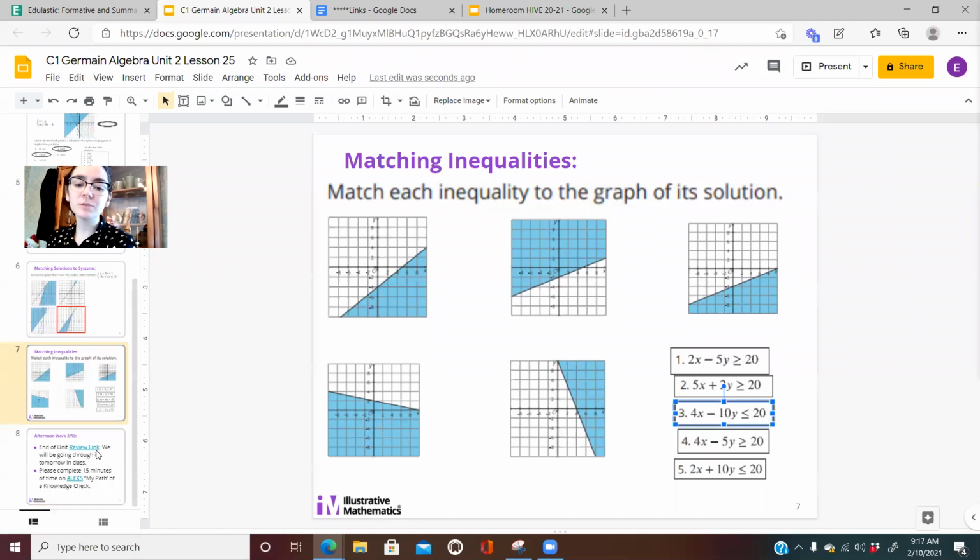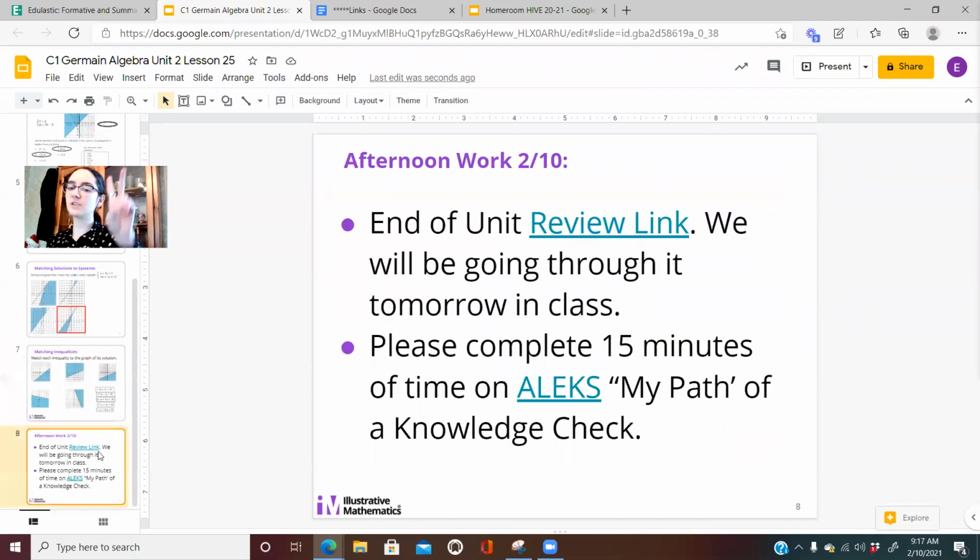Your afternoon work for today, you have 2 things that you are working on. Number 1, you have an end of unit review, an Edulastic quiz review, because tomorrow in class we are going through that quiz review, because on Friday we have an end of chunk assessment, but it's going to be a shorter assessment, so it's going to be designated as a quiz.